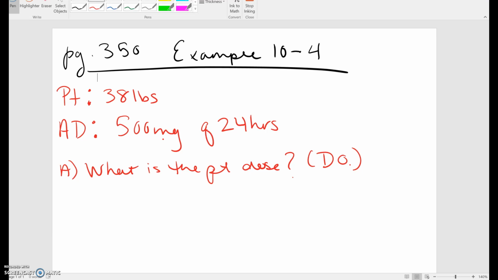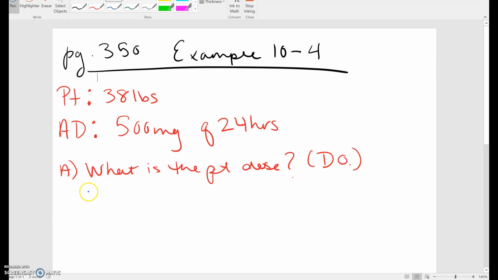Now, because the patient's information is in pounds, then out of those 3 formulas, Clark's rule, Fry's rule, or Young's rule, which rule would you use? It's based off of the patient's information. Well, if you answered Clark's rule, you are correct.